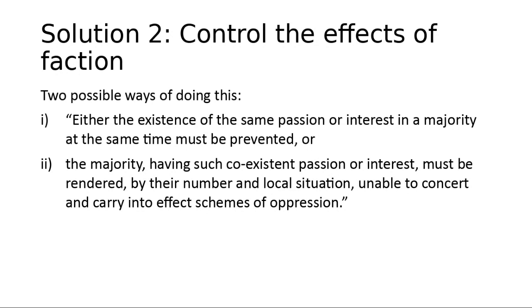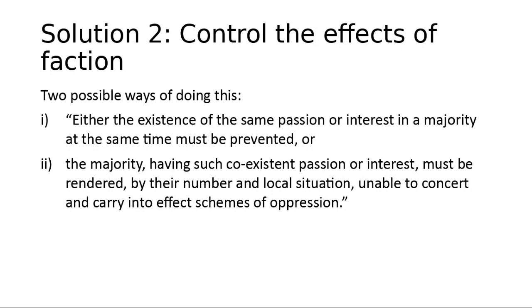you allow for that majority to occur, but the majority having such coexistent passion or interest must be rendered by their number and local situation unable to concert and carry into effect schemes of oppression.